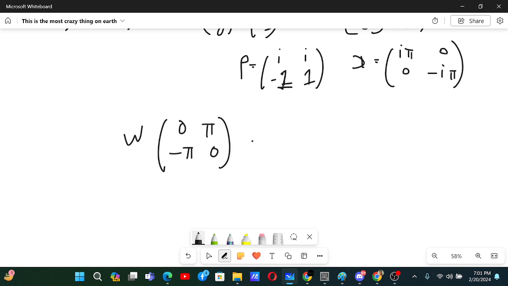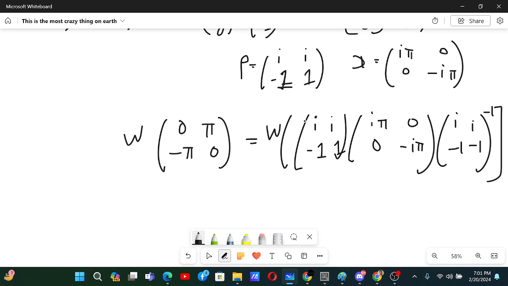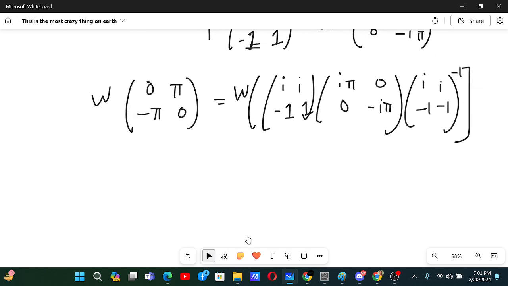We know that this matrix is now P D P inverse: i, minus 1, 1, and then i pi, 0, 0, minus i pi, and then the inverse of that P. Now we know that Lambert W can be taken on the main diagonal, which I have already said in the beginning of the video.